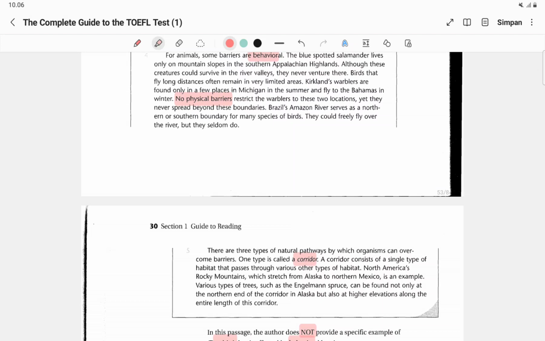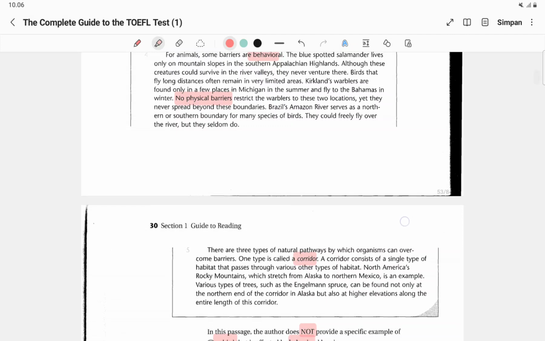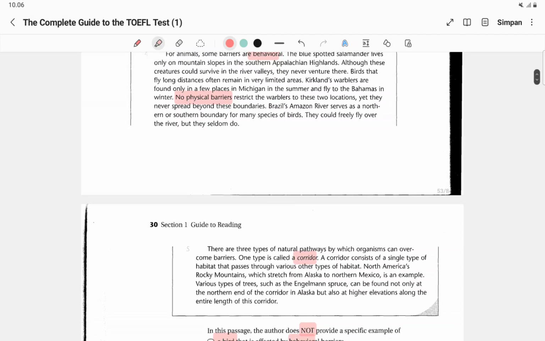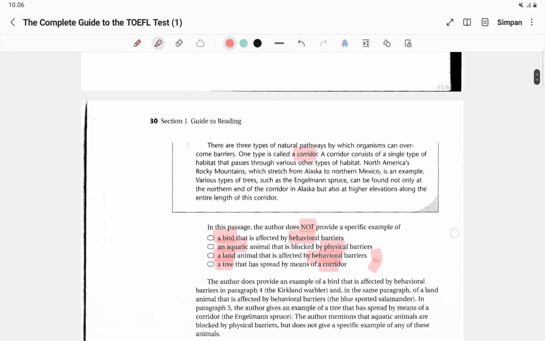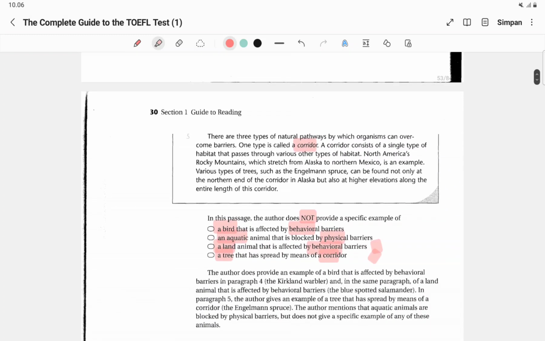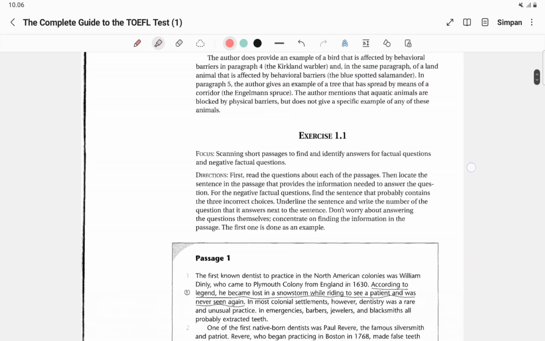Although these creatures could survive, birds that fly long distance often remain in very limited areas. Kirtland's warblers are found only, yes, birds, Kirtland's warblers. For example, Kirtland's warblers. The answer is B. In paragraph 4, we can find a land animal that is affected by behavioral barriers, the blue spotted salamanders.